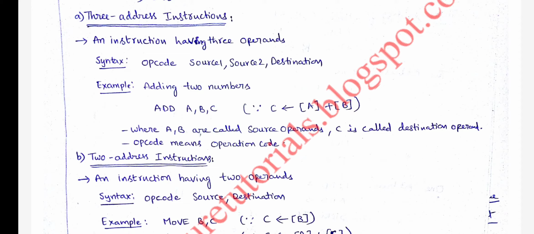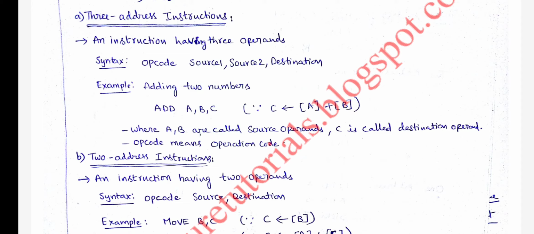It's going to be a forward arrow, backward arrow. The backward arrow represents A plus B. The square brackets represent the contents. The square brackets always represent the contents of the register, right? A plus B are added and the result is stored in C, where A and B are called source operands.